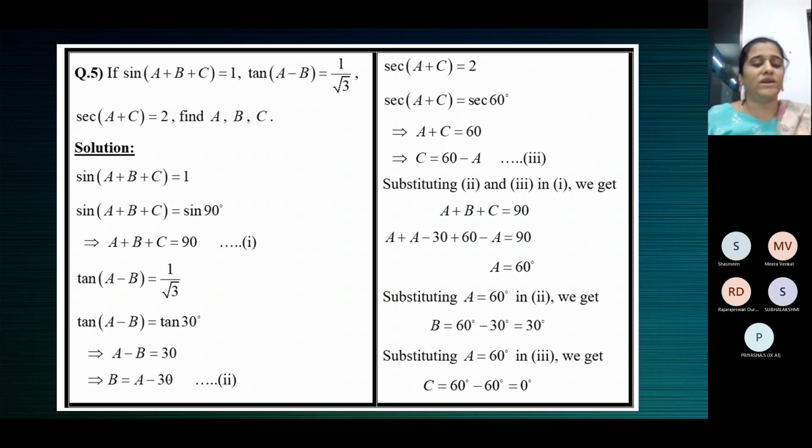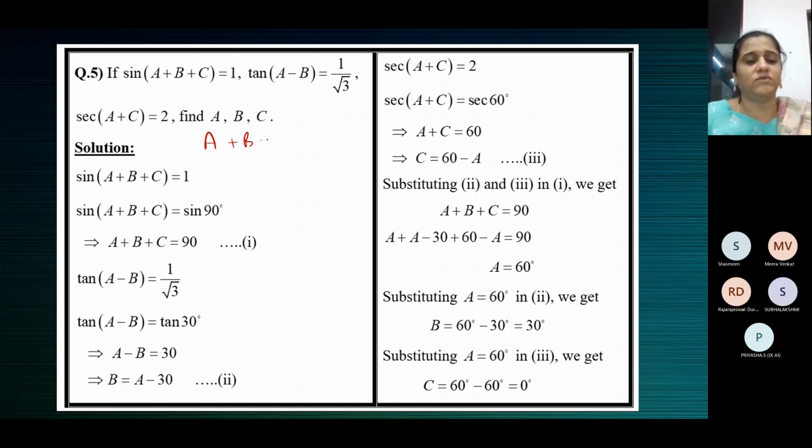Maybe I worked it in a different way, like substituting and all that, but you can do it the way I told you now. Then 2 is secant 60, so A plus C is 60.